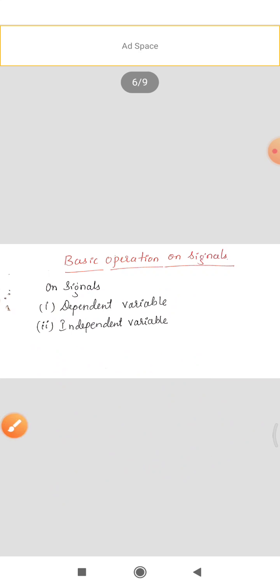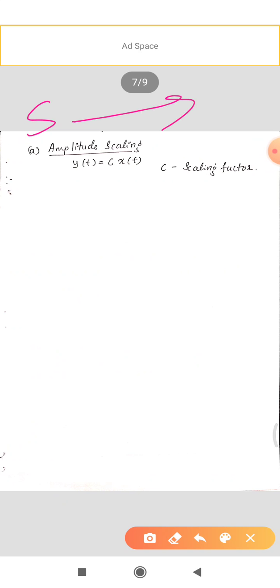Now we'll do them one by one. As I told you, these are all in the dependent variable category, corresponding only to the y-axis. First, amplitude scaling.